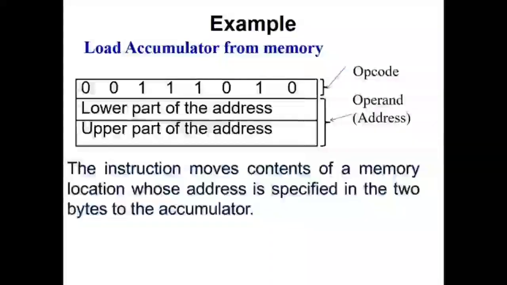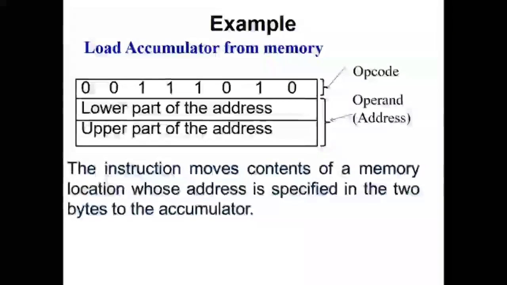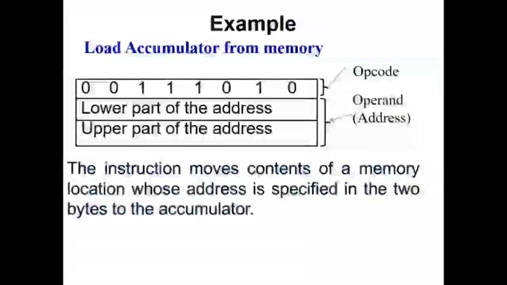X plus 5 equals b. Now it says that x is a memory location. X is the address of a memory location. Now, if the address of x, let us assume, is 3F8C.